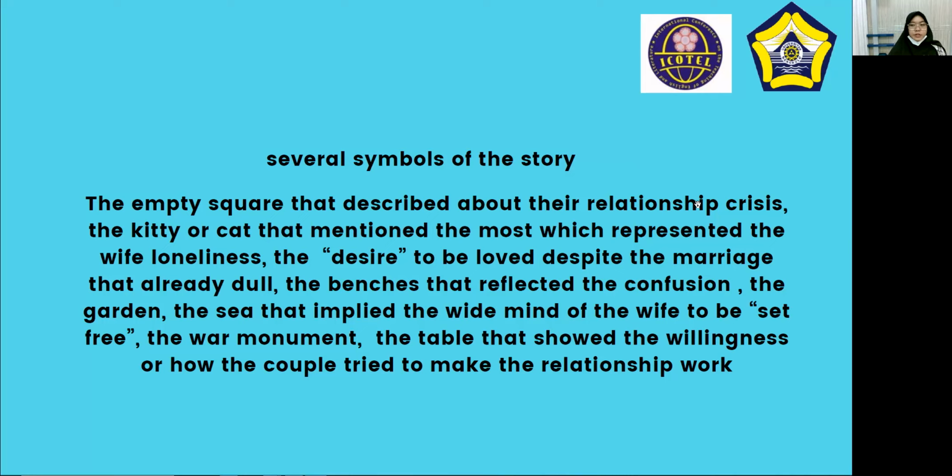It represents the wife's loneliness, or the desire to be loved despite the already dull marriage. The benches reflect confusion, the garden and the sea imply the wife's wish for her mind to be set free, and the war monument and the table show how the couple tried to make the relationship work.